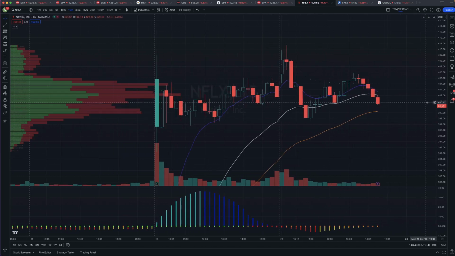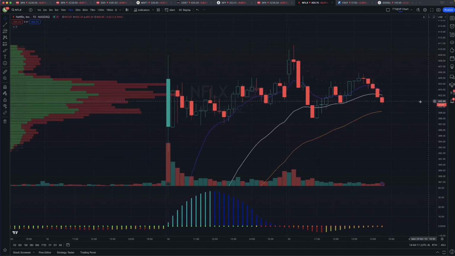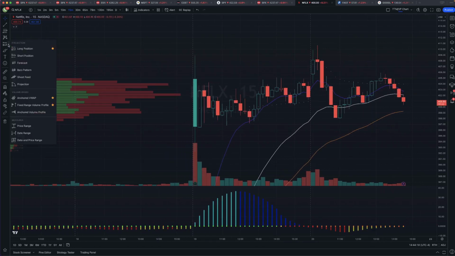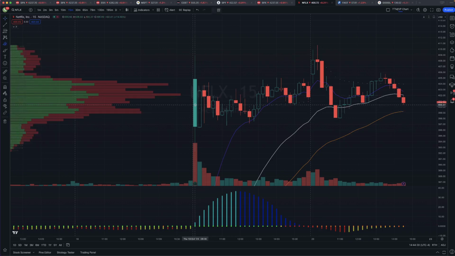So in this case, yes, I want to see all of this. I want to see where everyone is, right? And I did this earlier. I would also put an anchored VWAP on there because I want to know where the average price is for these last 2 days, where the average number of people are. And you'll see it usually lines up with your point of control.